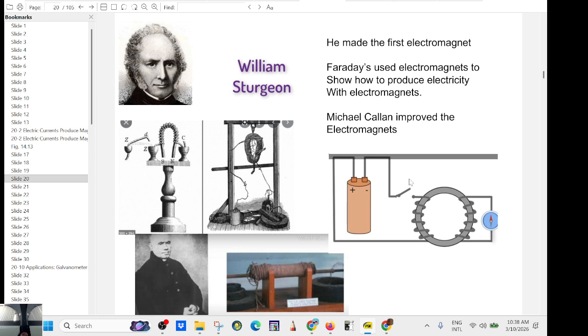So William Sturgeon, that was in 1825. He made the first very strong electromagnet that could lift 90 pounds.